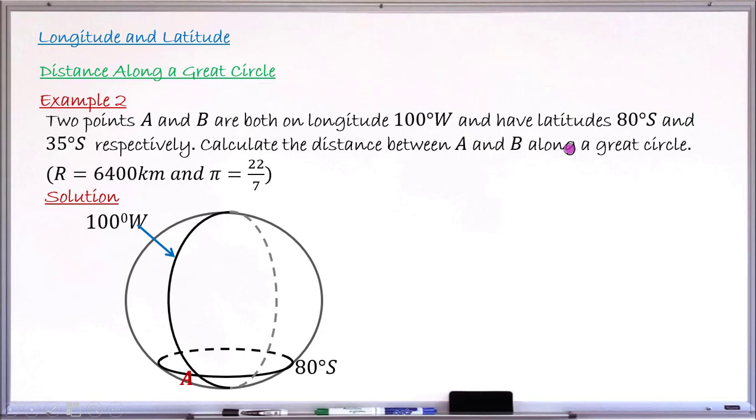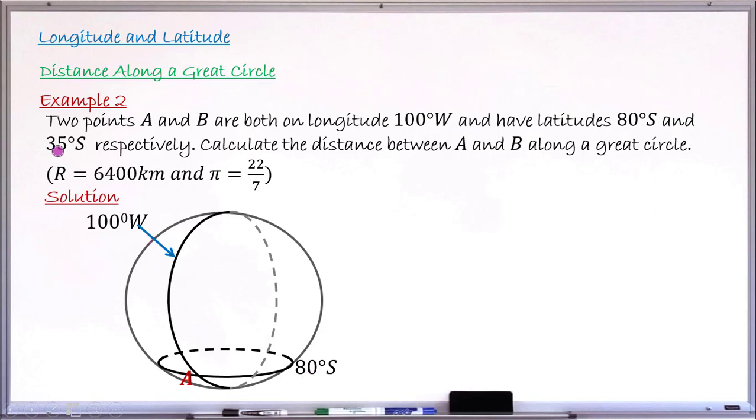Then I'll move to locate the position of the point B. This is the point B, and B is on latitude 35 degrees south. So I'm going to draw another latitude somewhere. Look at the latitude 35 degrees south. It should be on top of this 80, because from the equator, as you are moving down to the south pole, the angle of that latitude keeps increasing.